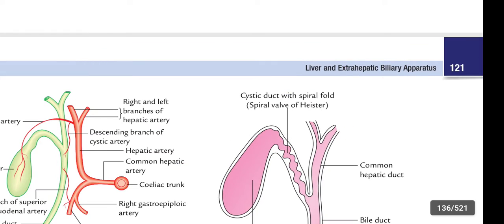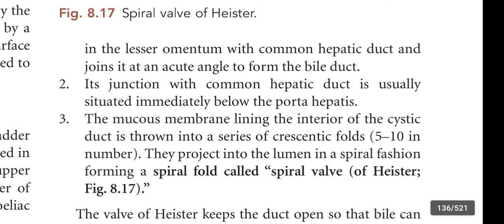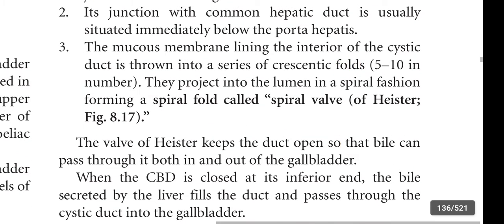Remember guys, the mucous membrane lining the interior of the cystic duct is thrown into a series of crescentic folds, 5 to 10 in number. They project into the lumen in a spiral fashion, forming a spiral fold called the spiral valve of Heister.